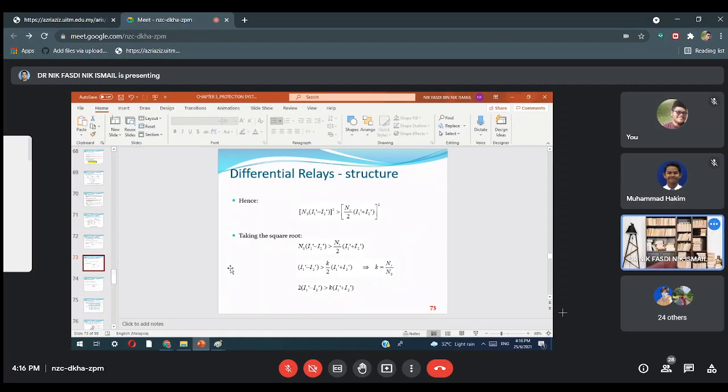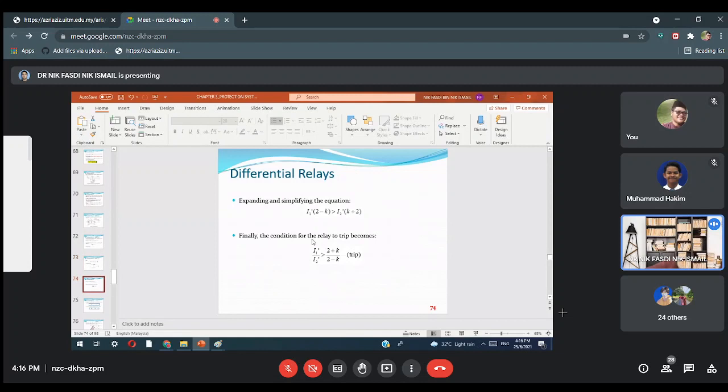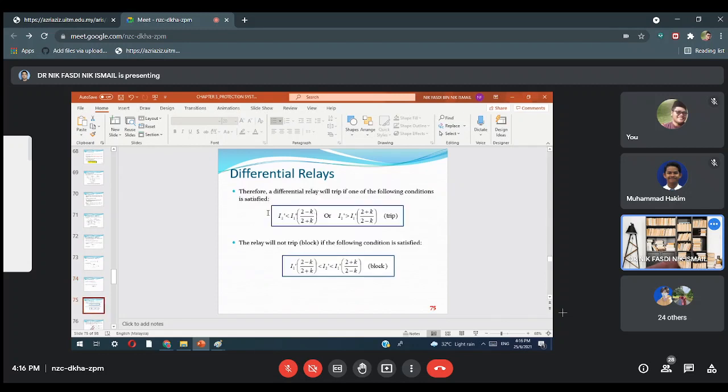Right? So if we do the derivation all the way, so you akan dapatlah all this general formula in order to the condition for relay to trip. Okay? I1 prime over I2 prime must be greater than (2 plus K) over (2 minus K). Trip region. Ataupun we can put in this way or this way.